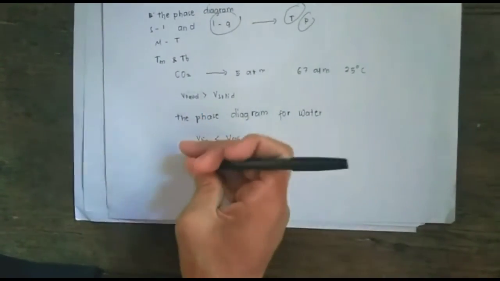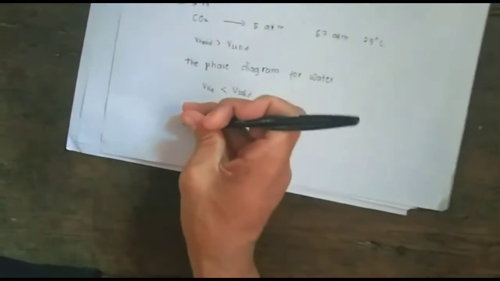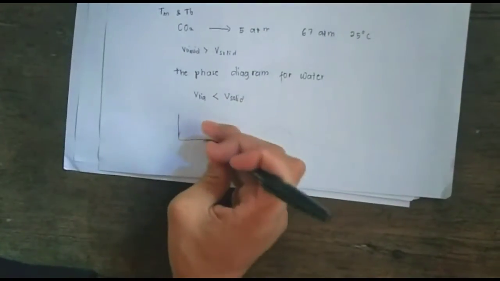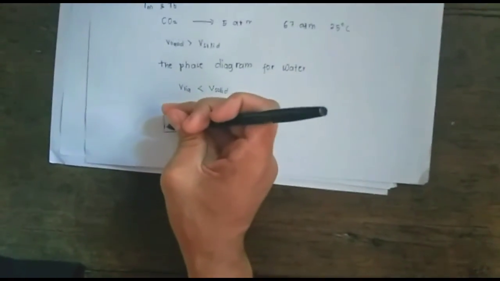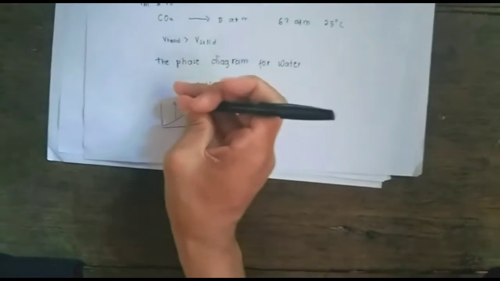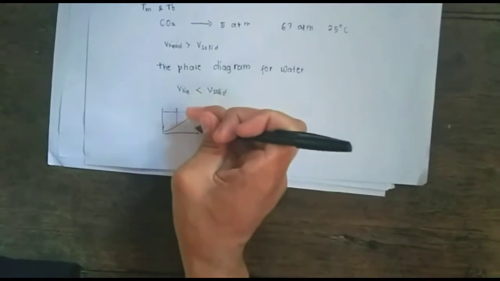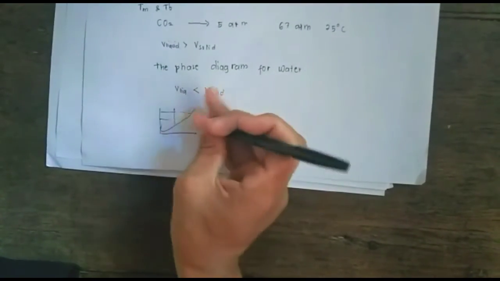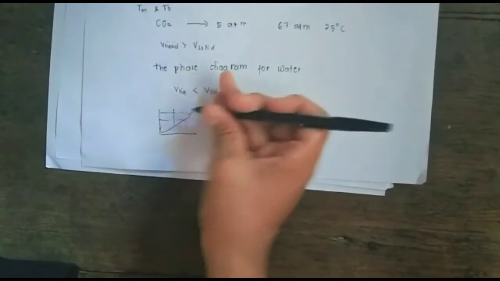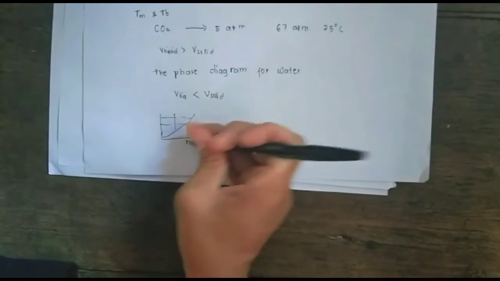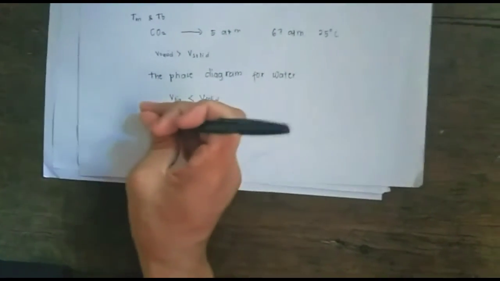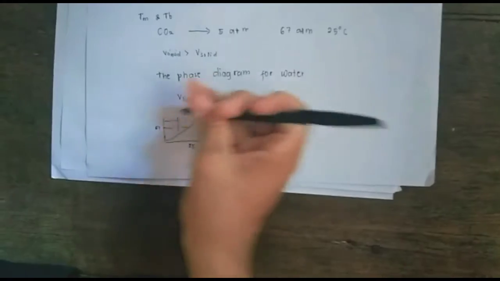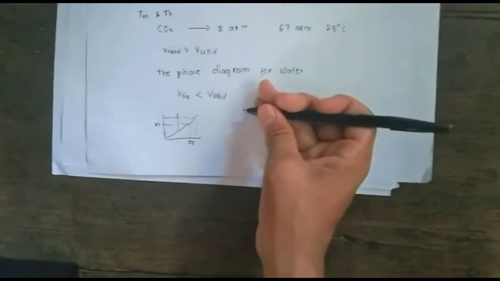So that we have the diagram. This diagram is the diagram for CO2, this is 25 Celsius, and then you have the diagram for water.